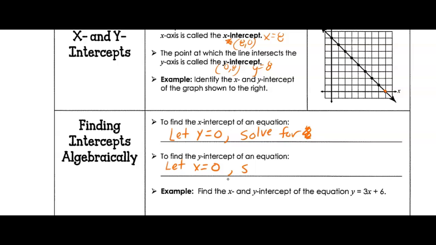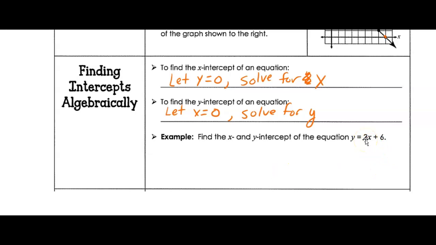I don't know why I wrote 8 up here. I said let y equals 0 and solve for x. And down here we're going to let x equal 0 and solve for y. So it's a little opposite. Sometimes people will get these mixed up and which one they're solving for.